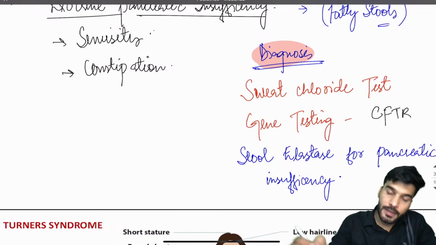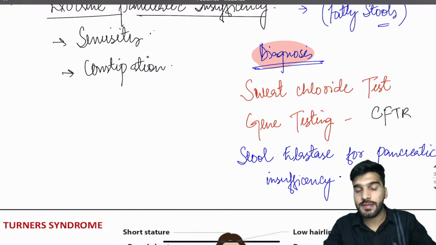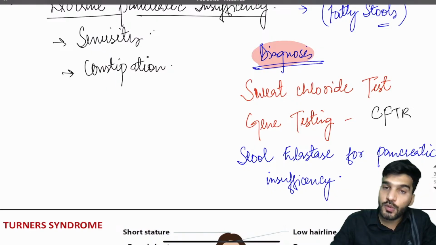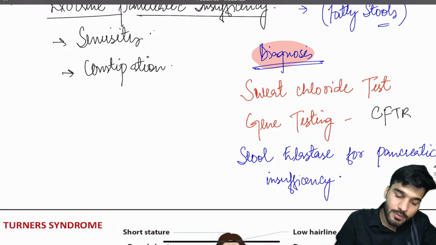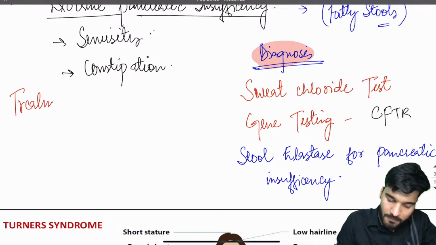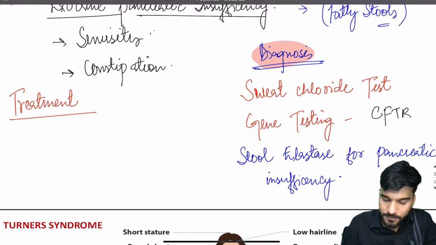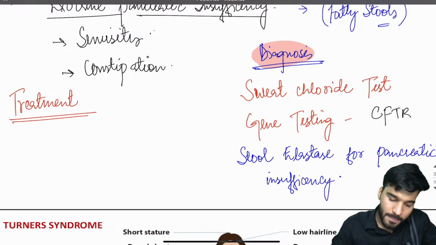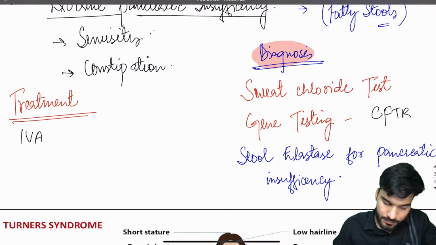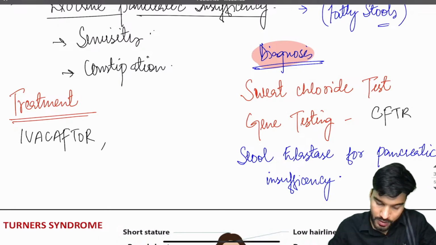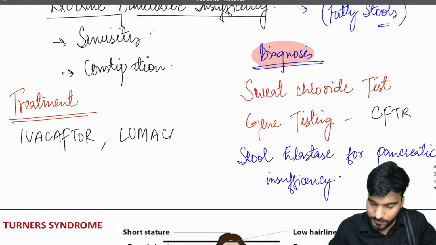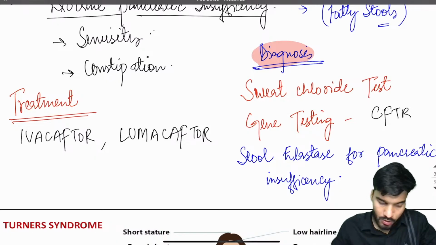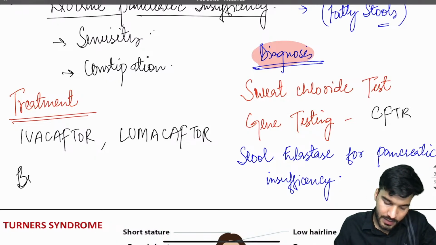Now if we talk about the treatment, as there are thick secretions, thick mucus, we need to give drugs which will break this mucus. These drugs are called mucolytics. We give a chloride transporter modulator, ivacaftor or lumacaftor, or we can give bromhexine or NAC.